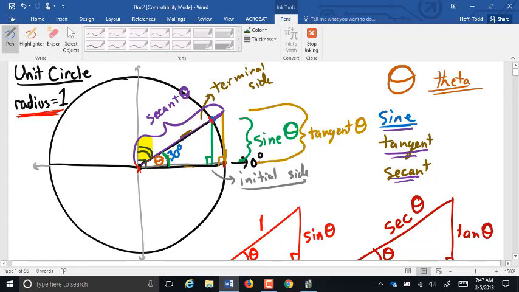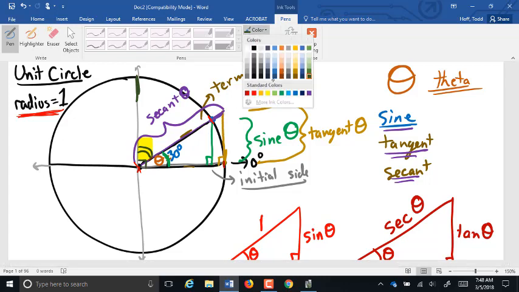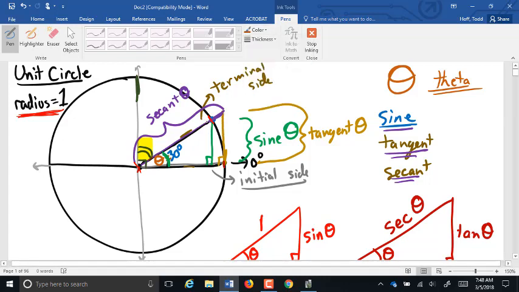What that does now is that means this is now the reference diameter, because that's the diameter that our angle is going off of. The sine of that angle would be from here to here. Does that make sense? Going from our point on the circle, because this is still our terminal side, to this reference diameter, the vertical reference diameter.